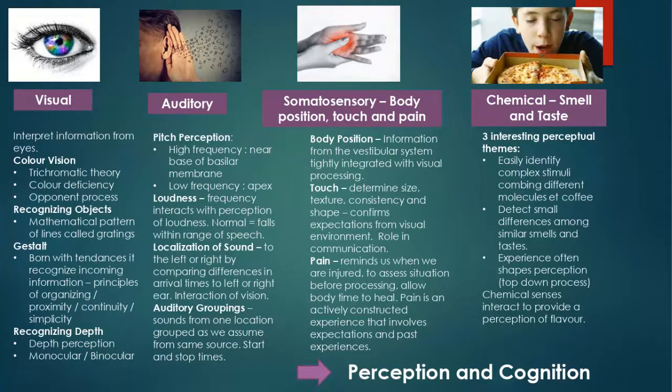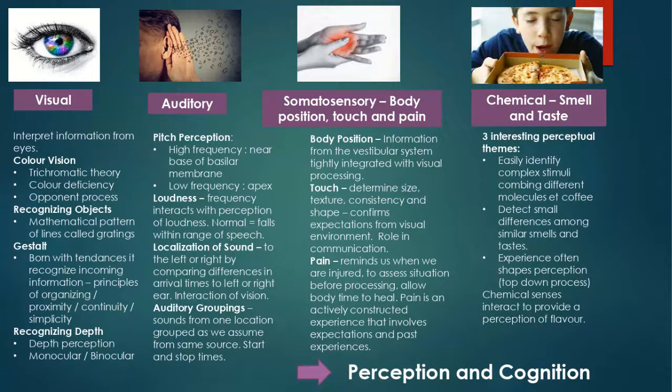Some people have color deficiency. We used to call it color blindness, but now it's more appropriate to call it color deficiency. So people might perceive color differently to somebody else. I always wonder, is the purple I'm seeing on the screen the same as the purple you are seeing on the screen, and how would we ever know? So the trichromatic theory is based on the primary colors going into cones. Some people see color differently.